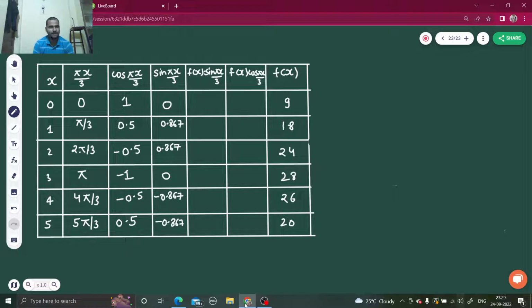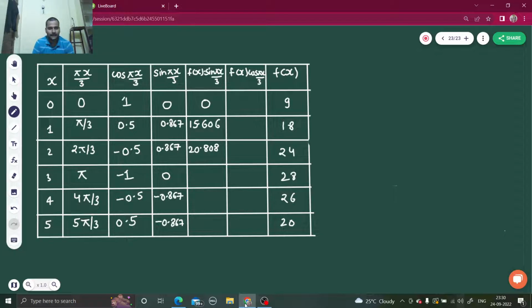If I talk about fx and sine, then you will multiply fx, which is 9, with 0, so 0. Then 18 with 0.867, that will give you 15.606. 24 with 0.867, that will give you 20.808.